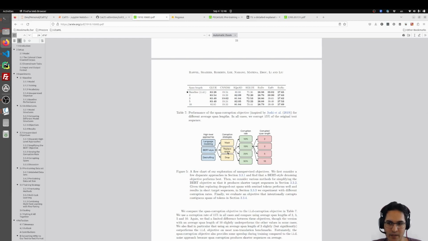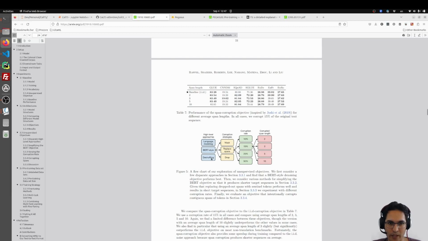Instead of just putting a mask token, you can put another token that is not relevant to that context and let the model fix that. Or you can drop that token completely. Like you have a sentence, a cat sat on mat, and you remove the cat, so you just say a sat on mat, and the model should predict the cat in between. Those are the three different things that we can apply for BERT style.